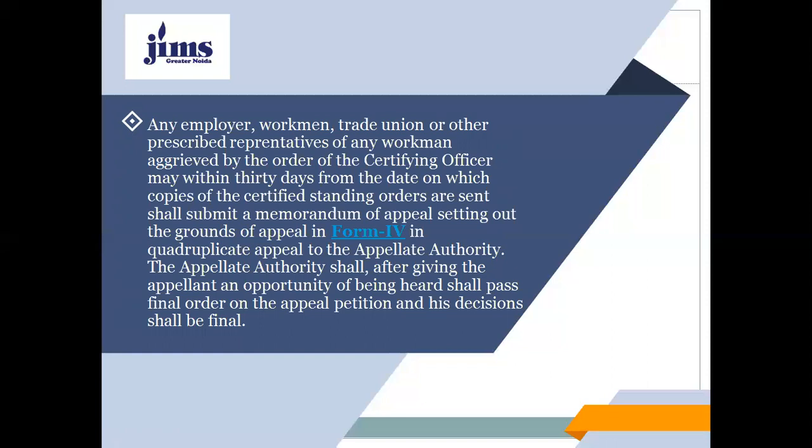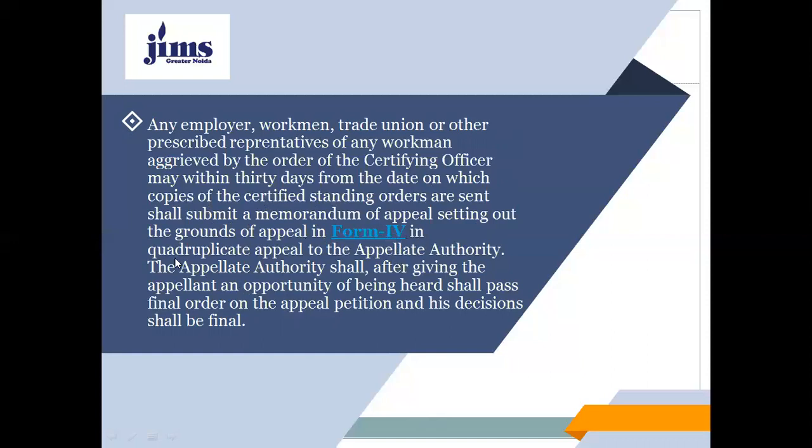Any employer or workman or trade union or other prescribed representative of the workmen, if aggrieved by the order of the certifying officer, may within 30 days, you just remember this number, within 30 days from the date on which the copies of certified standing orders are sent, submit a memorandum of appeal setting out the grounds of appeal in form fourth.